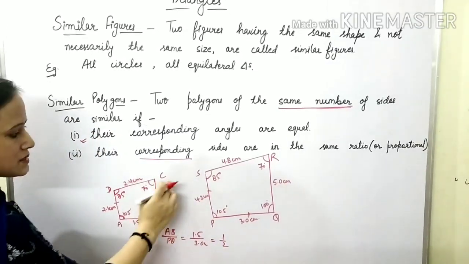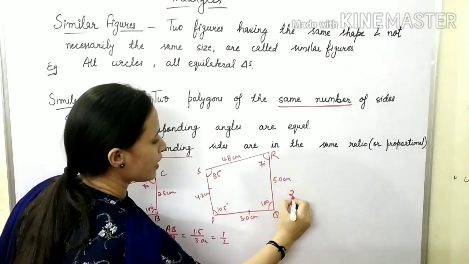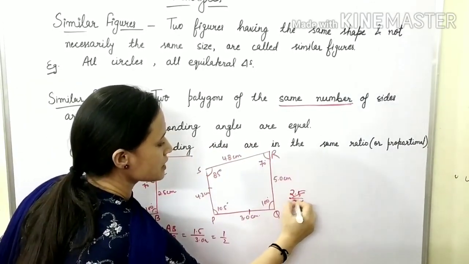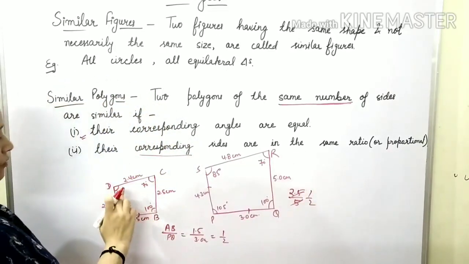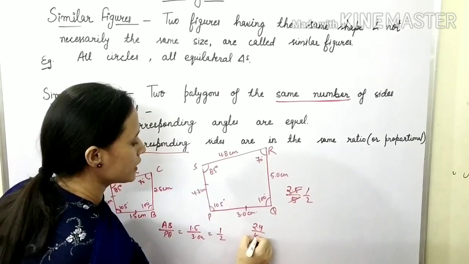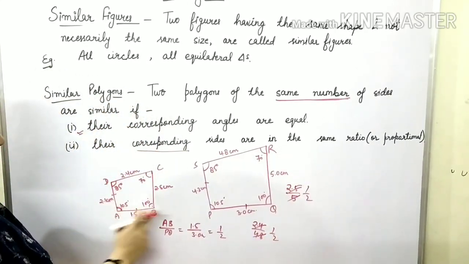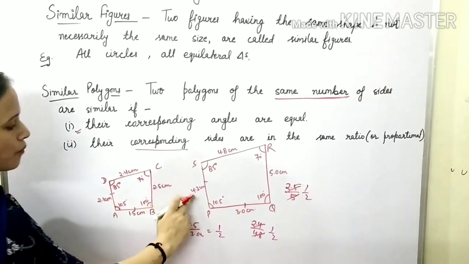We'll check BC and QR, these 2 corresponding sides. 2.5 upon 5 again gives us 1 upon 2. Then we'll check CD and SR: 2.4 upon 4.8, the ratio is 1 upon 2. We'll check AD upon PS: 2.1 upon 4.2.